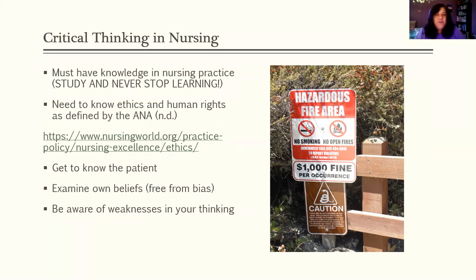When you're a nurse, you study and you never stop learning. You never arrive as a registered nurse. You're always going to be learning. All nurses know the ethics and human rights as defined by one of our organizations, the American Nurses Association. They have books and so much information on ethics and human rights.